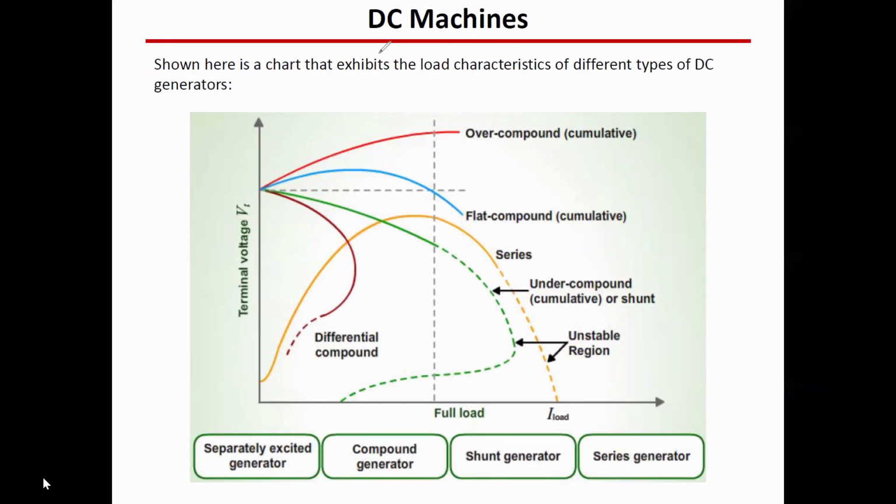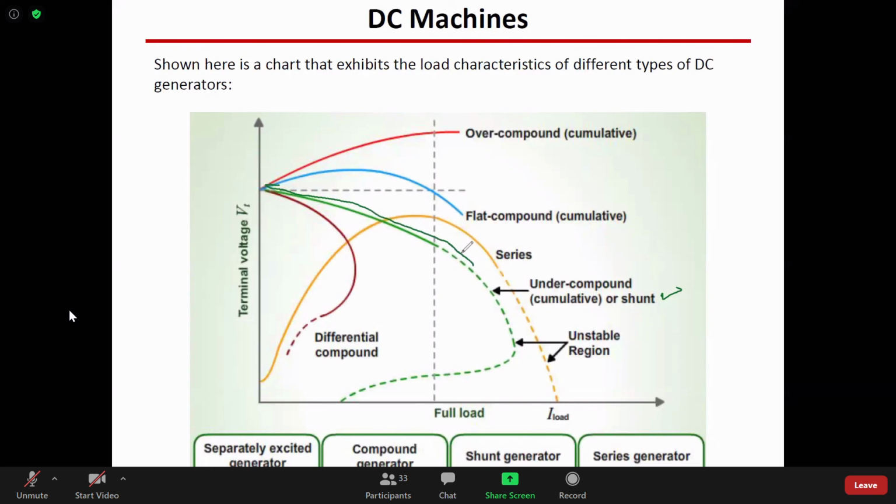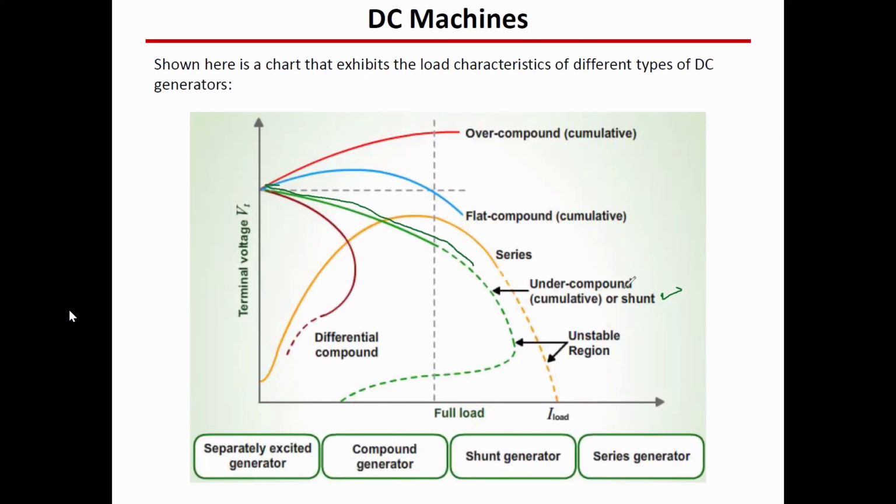First, you have the shunt, which is the green one. With more load current, you have less voltage. Shunt is similar to the separately excited. You have series, so you start with a small value, you keep increasing till you start to decrease again.